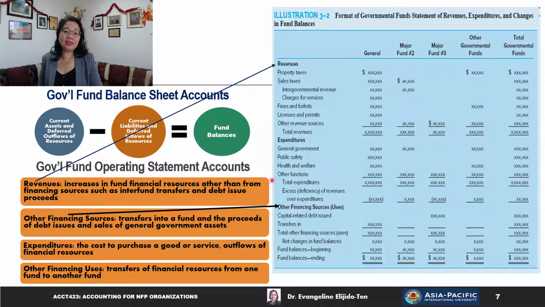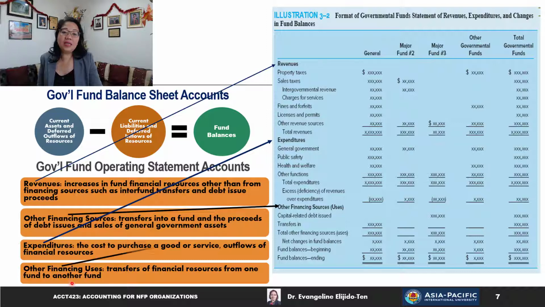Other financing sources are shown here at the bottom after the expenditures, all right? The expenditures are shown after your revenues, and that might be expenditures for general government, public safety, health and welfare, and any other functions that they might have.